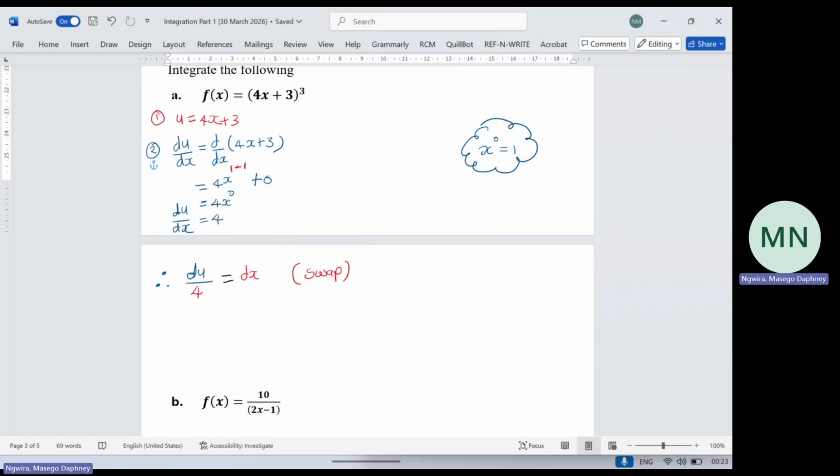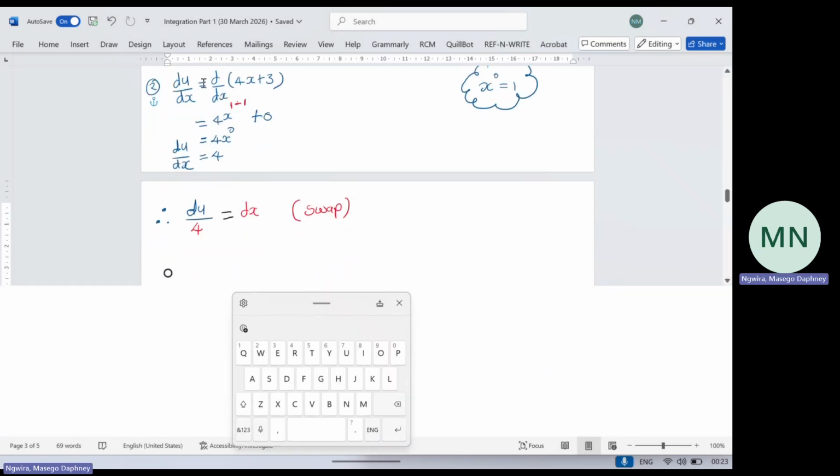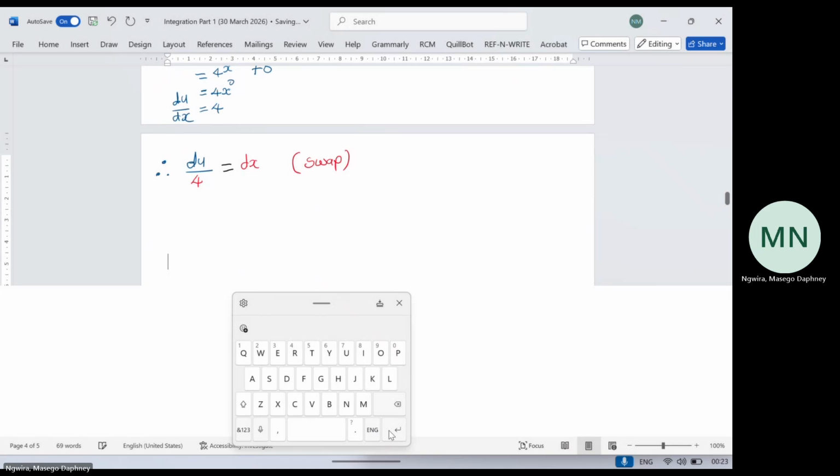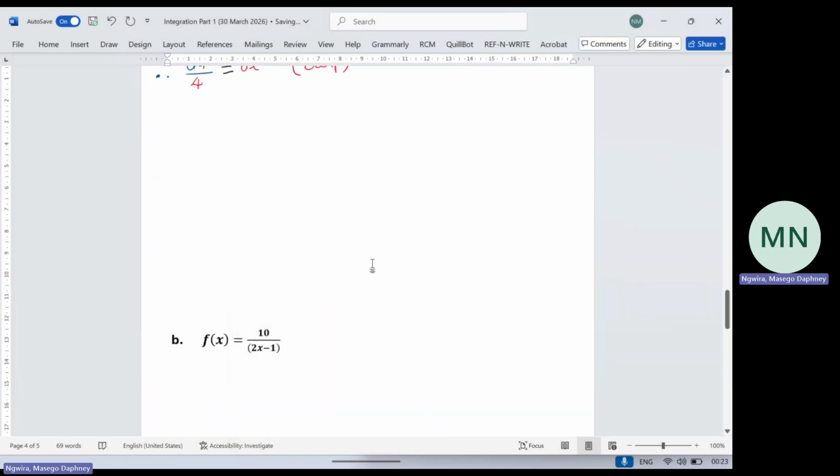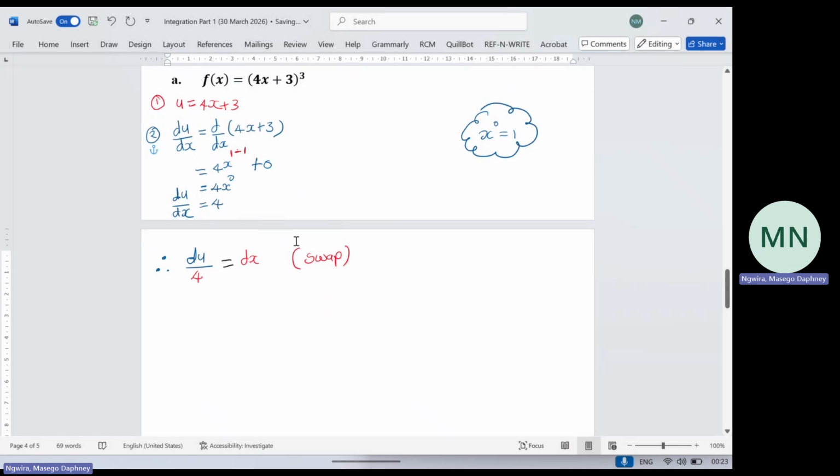After that, now we are going to start with our integration. I need space. After this, now we swap. So step number 3, now I'm going to start solving.